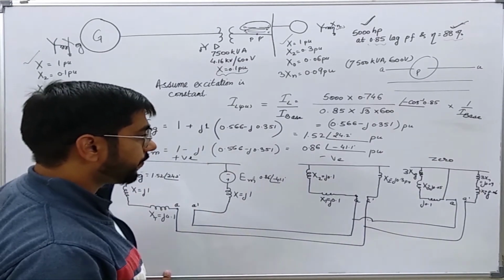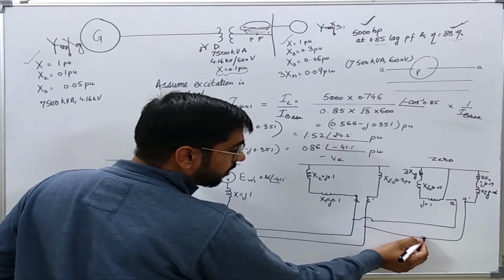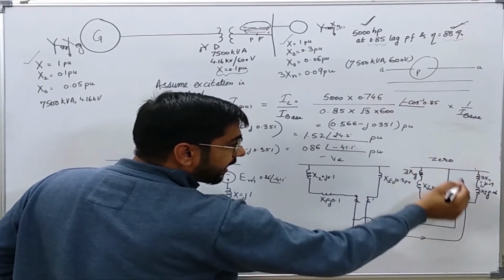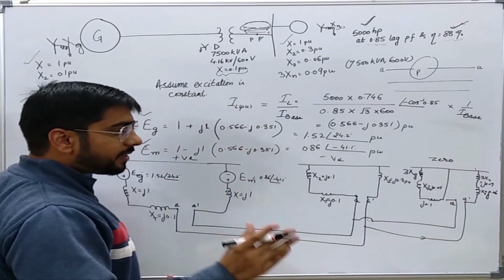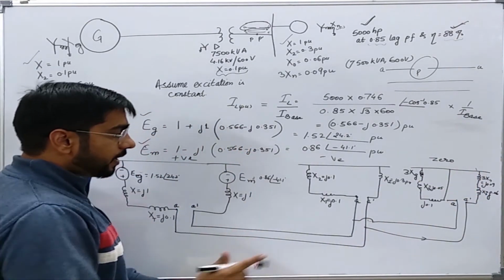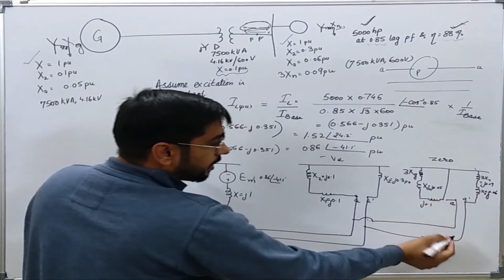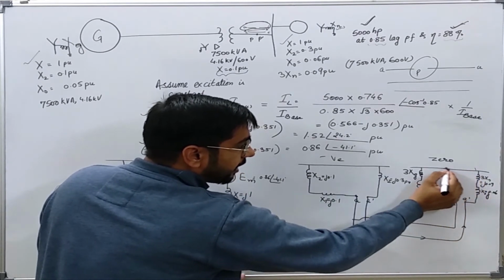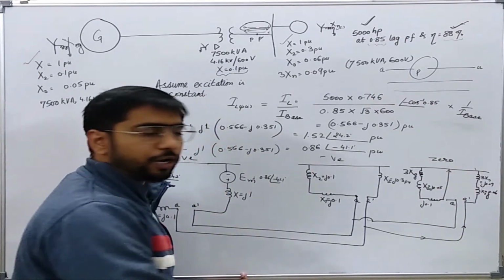Now you can clearly see that the zero sequence current cannot flow because this circuit is open now. This current is not going to return. It will go from this to this, and it is going to return to this only. So zero sequence current cannot flow.